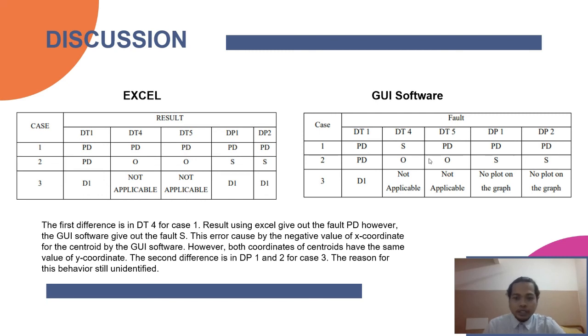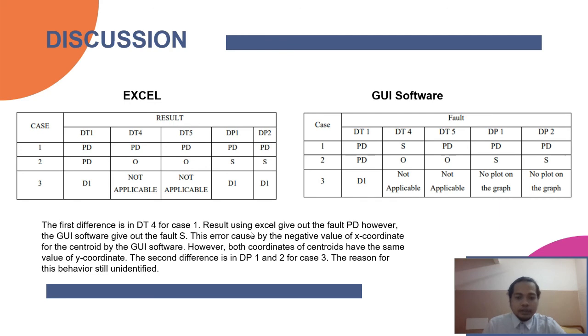The first is in case 1, in DUVAL triangle 4. In Excel, it produces a fault of PD. However, in the UI software, DUVAL triangle 4 identified the fault as S.